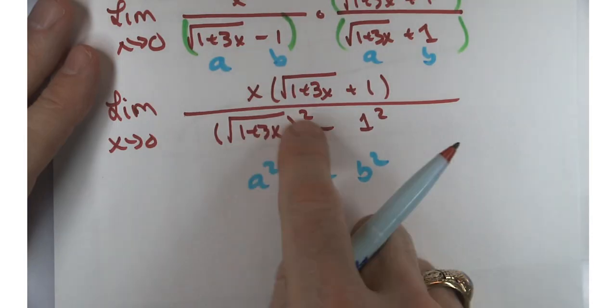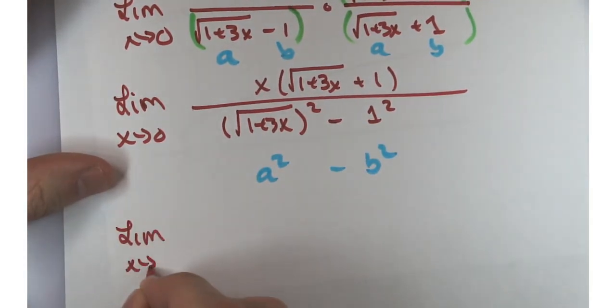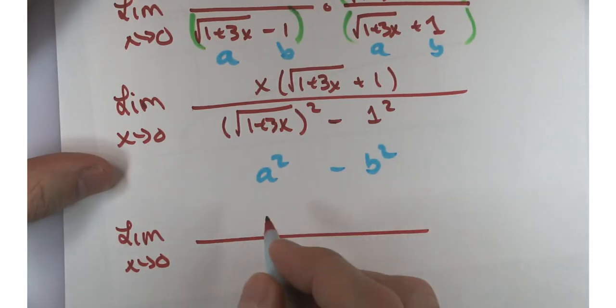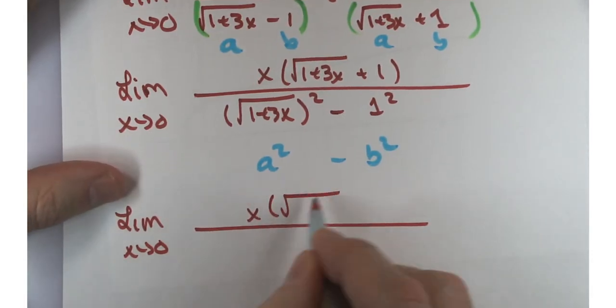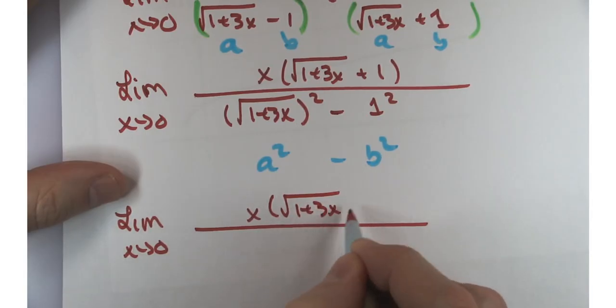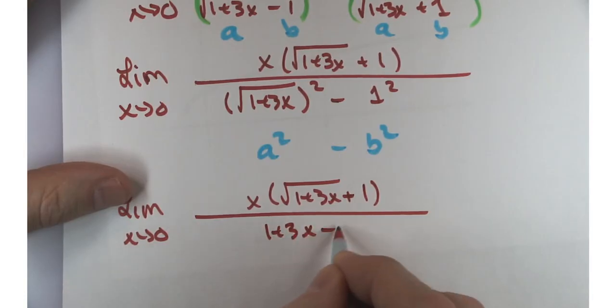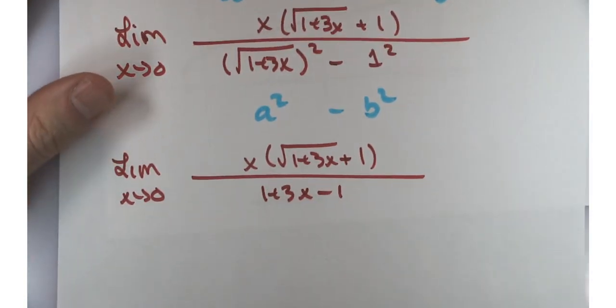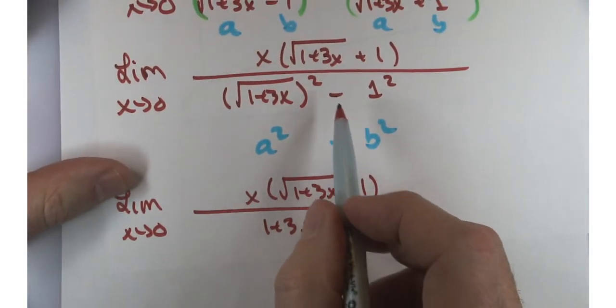How does this simplify? No one can simplify that one for me? Yeah, 1 plus 3x minus 1. Wouldn't it be plus 1 since... No, it's going to be minus 1, because you have a minus times a plus.